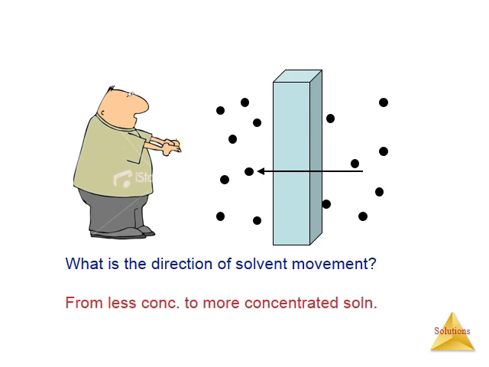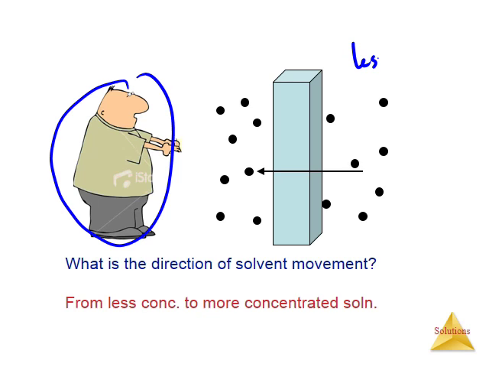Now in this slide, we are seeing that this big guy has already pushed the semi-permeable membrane to the right, and that pushed some solvent molecules from the right hand side to the left hand side. So here we establish the direction of solvent movement from less concentrated to more concentrated solution.